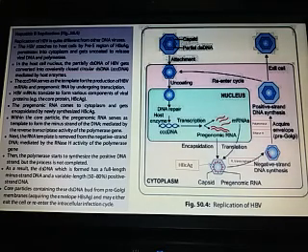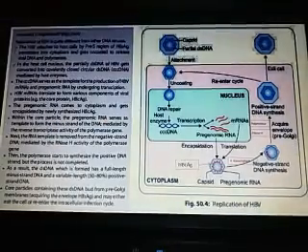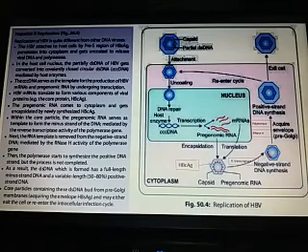The DNA of the hepatitis B virus is partially double-stranded. That means the double-stranded DNA is not completely joined to form a circular double-stranded DNA.